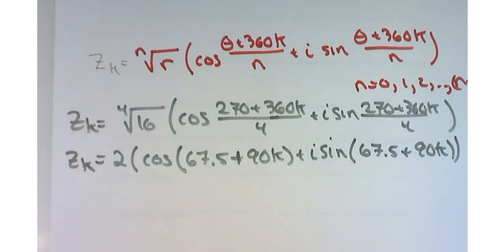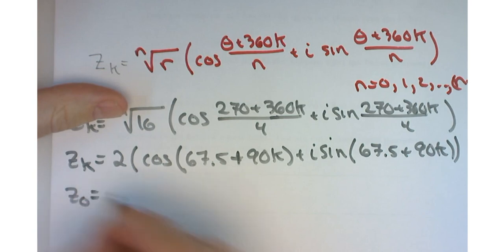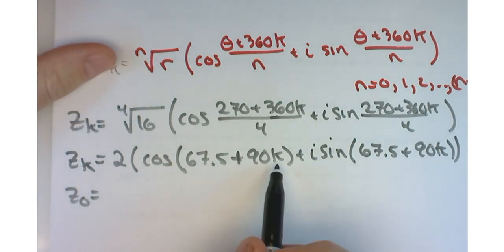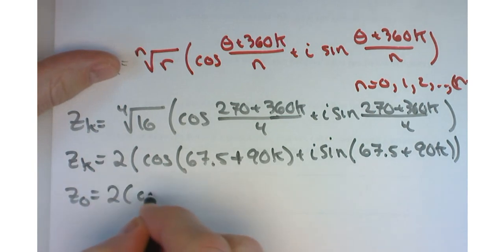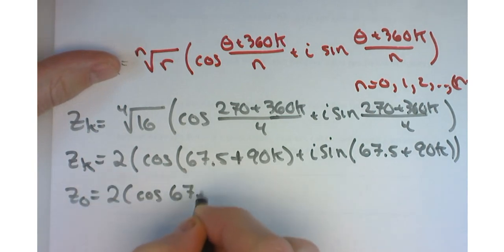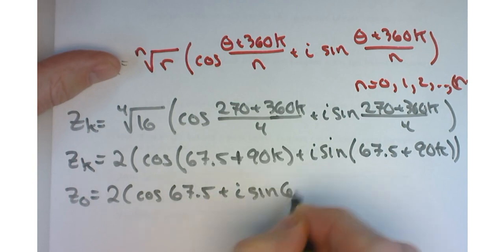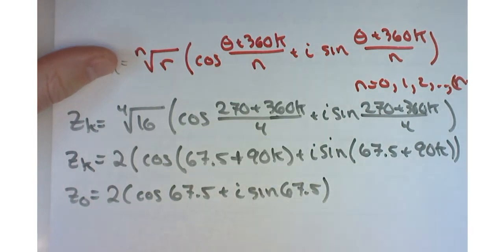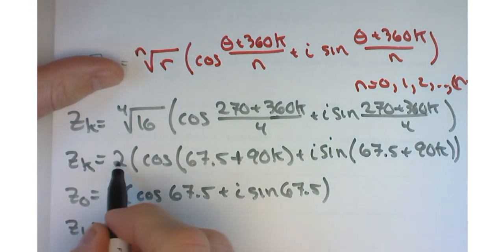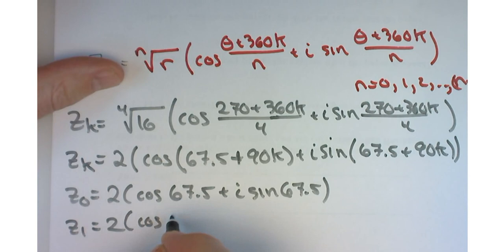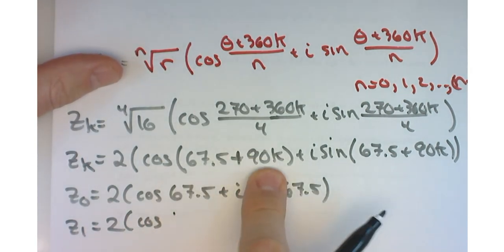Now what I'll ask you to do is to fill this out for, say, z sub 0. If k is 0, then it's going to be 2 times the cosine of 67.5 plus i times the sine of 67.5. Okay. How about z sub 1? Well, it's still going to be 2 cosine of 67.5 plus 90 times 1.